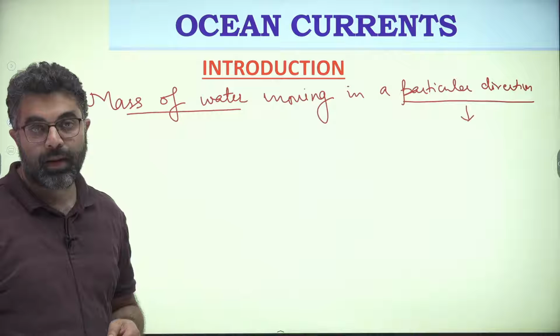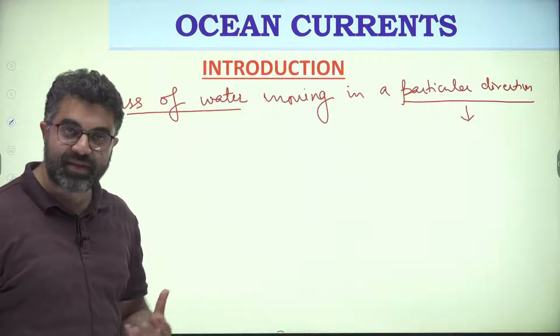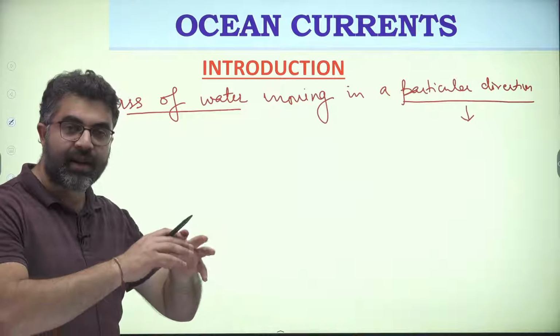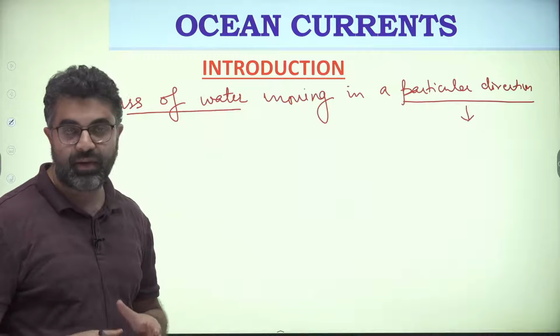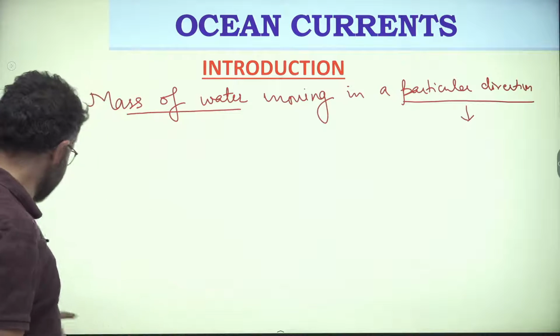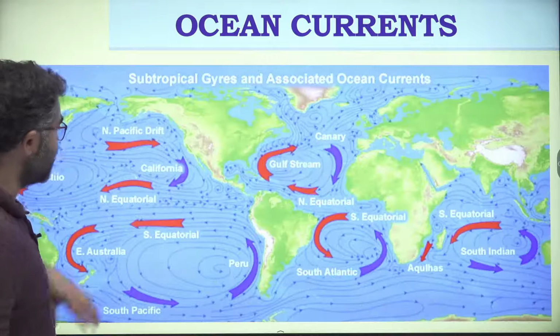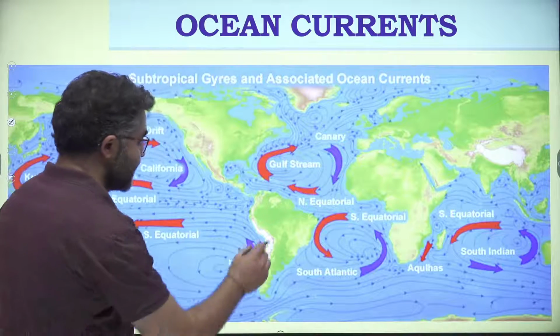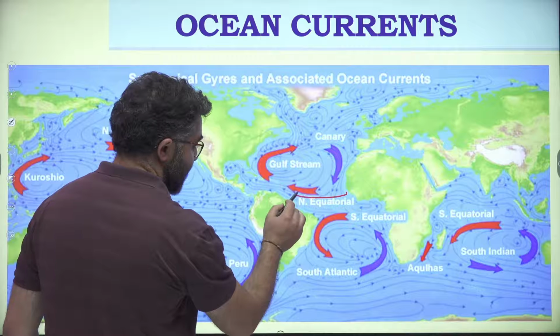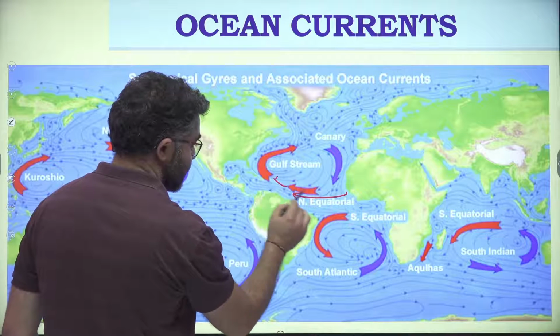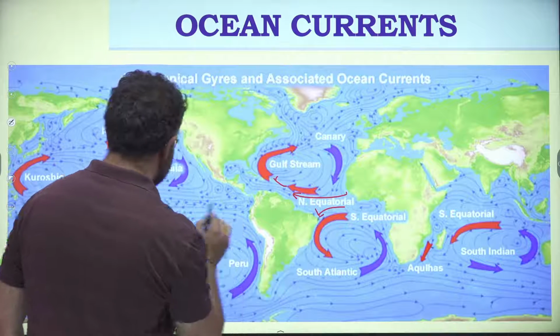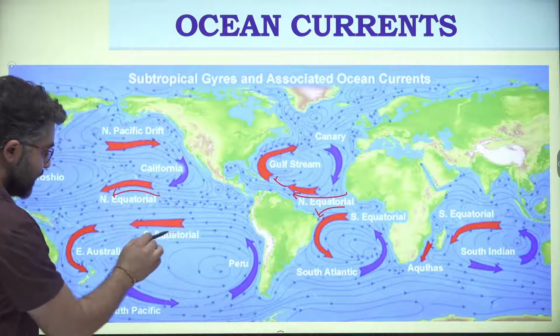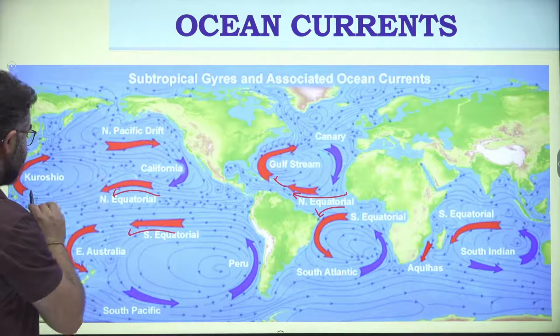Right? So you would see that on the surface of ocean, it's like the stream of water moving on the surface. Right? For example, if we see here in this particular diagram, you would see that ocean currents have a direction, they're moving from east to west. These arrows depict the direction of the current.